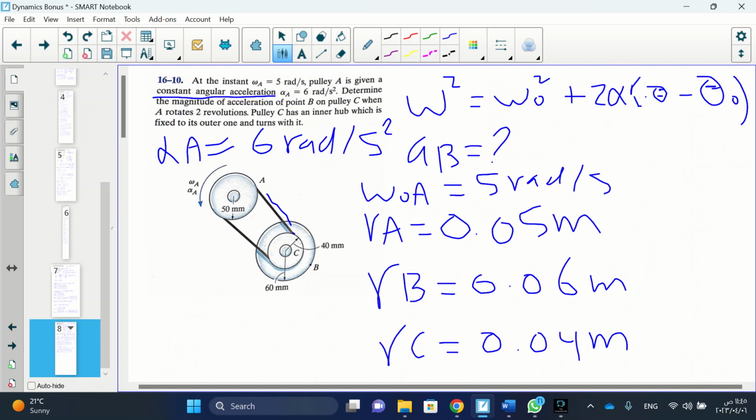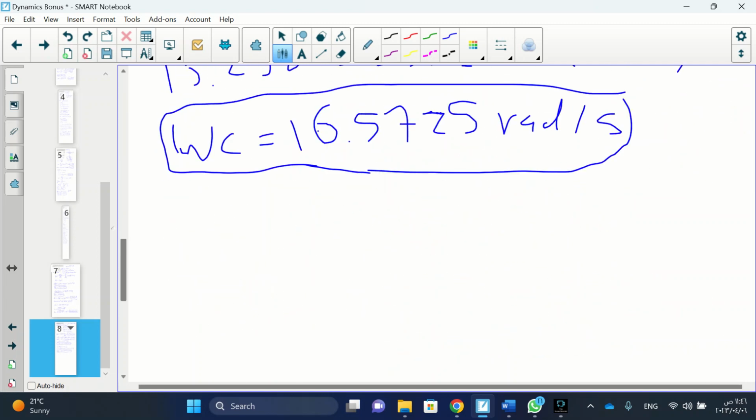And because C is inside B, this is C and this is B, there are two circles inside each other, so omega C will equal omega B. They must be equal.